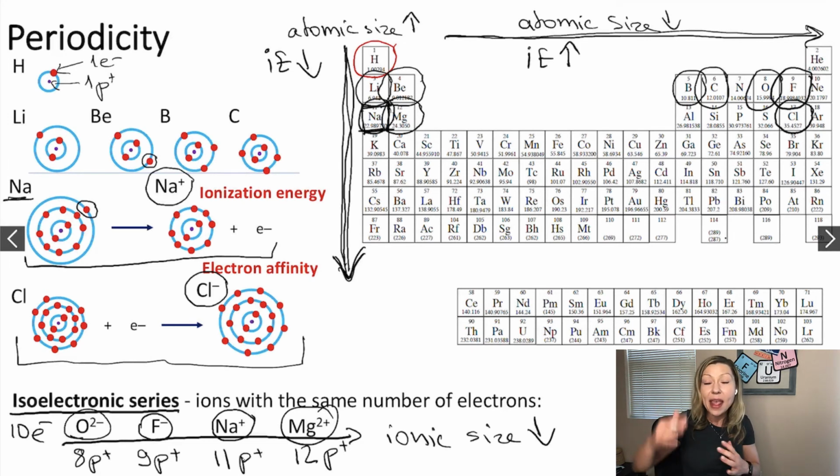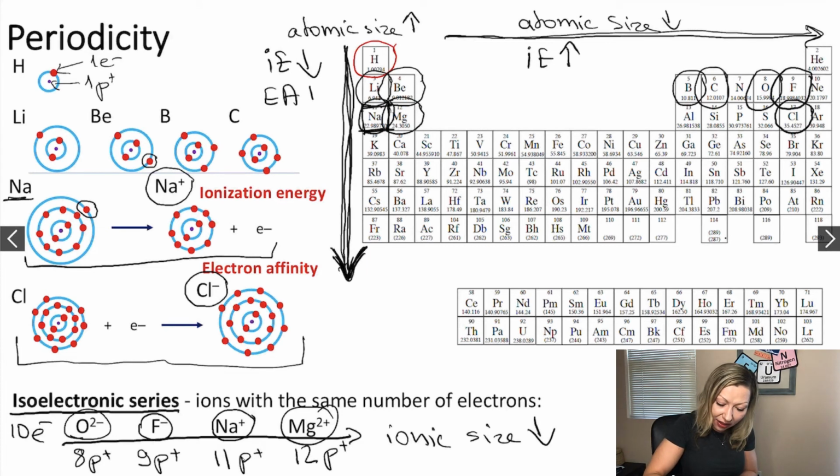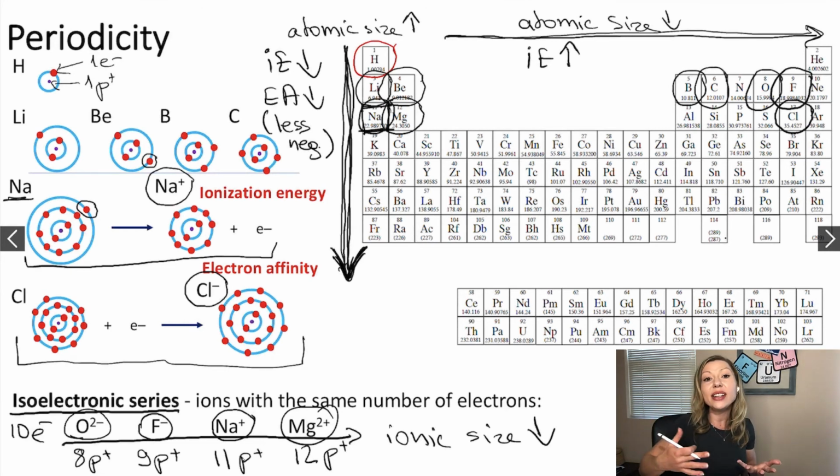So as we go down in a group, we increase the atomic size, but we decrease the electron affinity. So this means that it's actually going to get less negative. Why is it less negative? Electron affinity is generally exothermic, so this is going to give a negative overall energy.